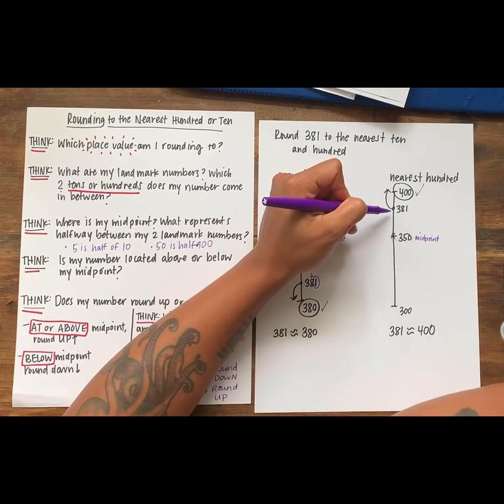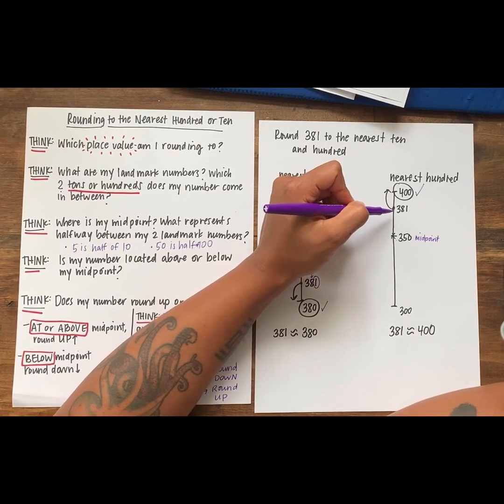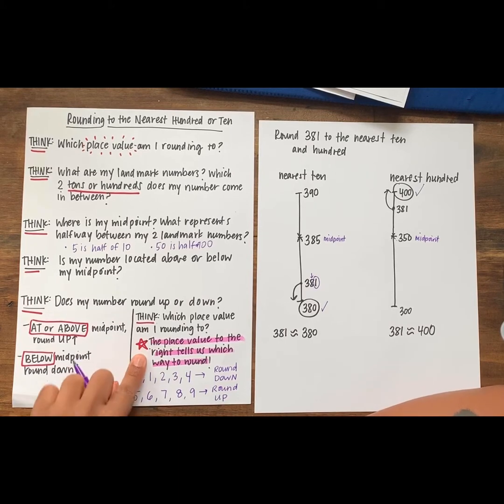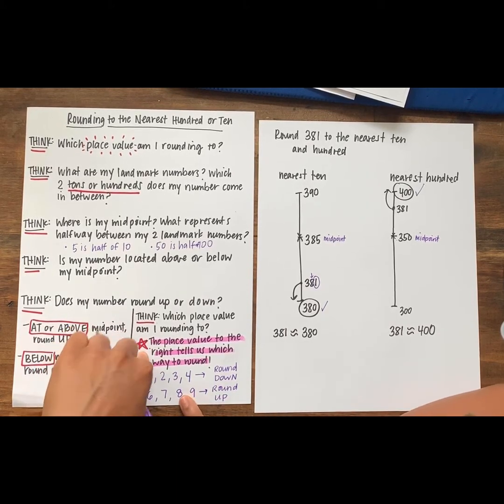How could we determine that 381 rounds up to 400 if we didn't use the number line? Challenge yourself to use the pattern that we've noticed earlier. Yes, you're right. We remember the place value to the right tells us which way to round.